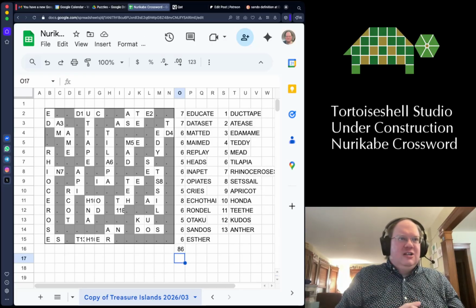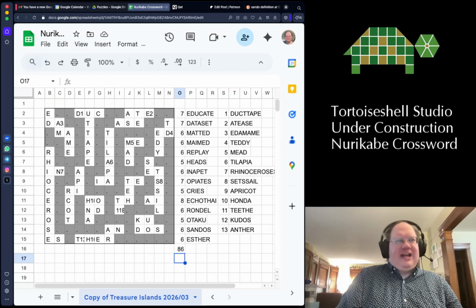That's fine. 86 letters is smaller than a Pathfinder, which is the fewest number of letters in a puzzle that I regularly do. But given the challenges of solving it, I wouldn't want it to be bigger.